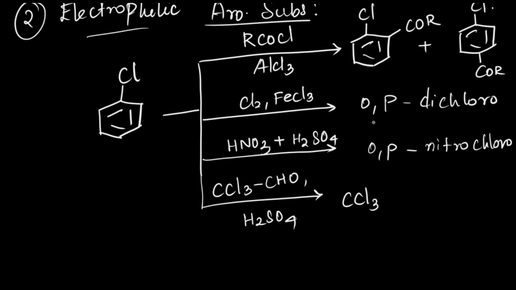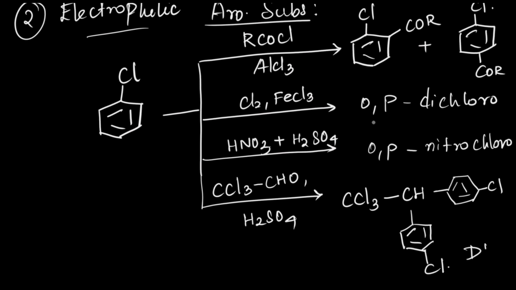It was having a very good application in agriculture field. It is producing DDT. What is that, ma'am? Which is 2,2-bis(parachlorophenyl)-1,1,1-trichloroethane. That is DDT.